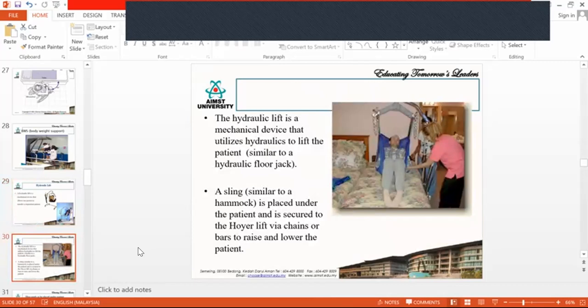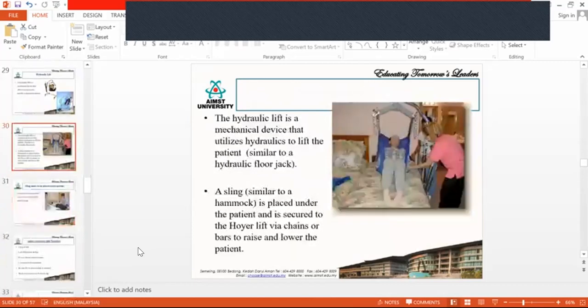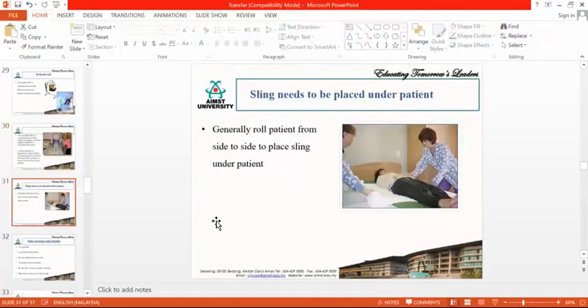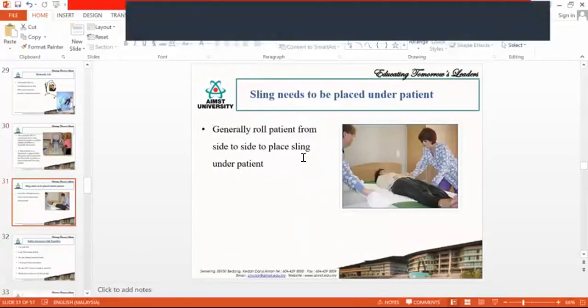This is normally done for people who have been in bed for a very long time. For those people, you can use this. This is the way you need to put the patient under the sling. You need to turn the patient to side lying, insert the cloth under the patient, then slowly turn them to the other side and bring out the bedsheet through the other side.